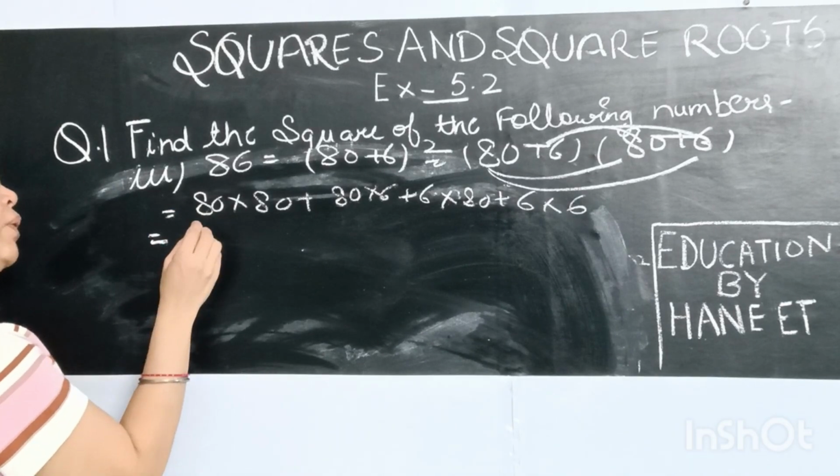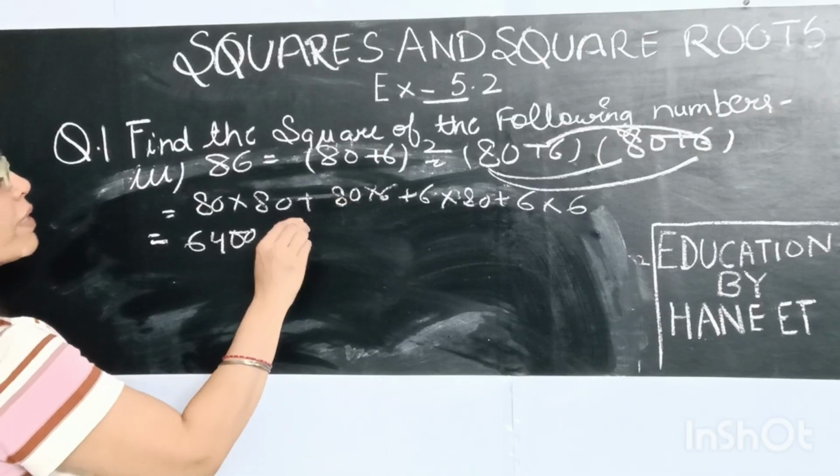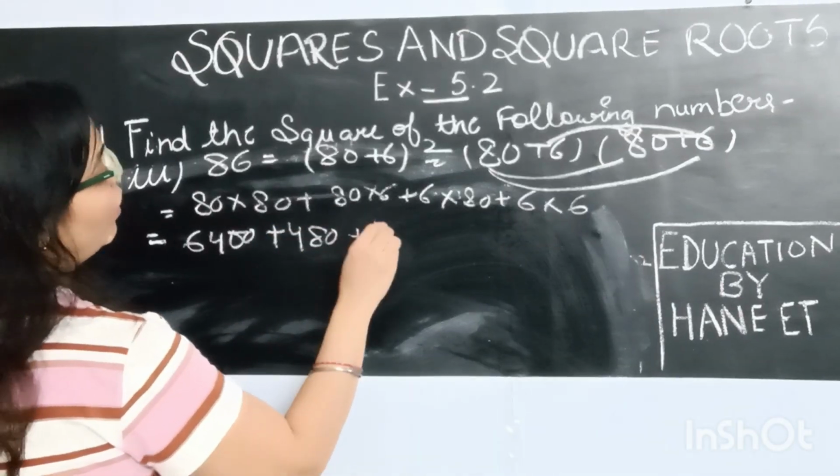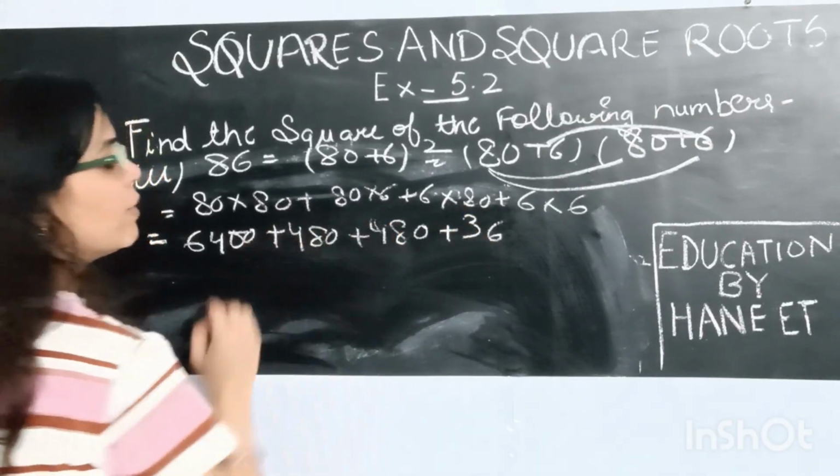So 80 into 80 will be 6400 plus 80 into 6 is 480, 6 into 80 is 480 and 6 into 6 is 36.